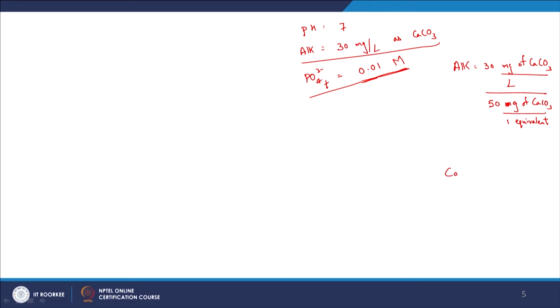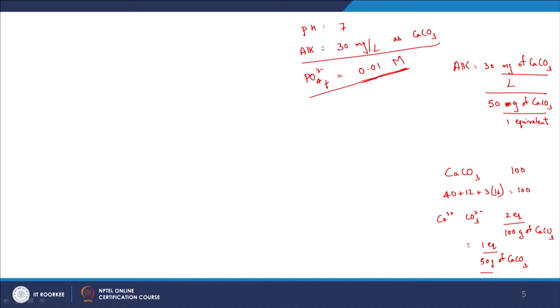So, where did we get this from? Calcium carbonate, the molecular weight is 100, I guess. 40 plus 12 plus 3 times 16, which is 48, 48 plus 12 is 60, 60 plus 40 is equal to 100. But we know that it is Ca2 plus and CO3 2 minus, if they can dissociate into that. So, more or less we end up with 2 equivalents per 100 grams of CaCO3, so 1 equivalent per 50 grams of CaCO3.